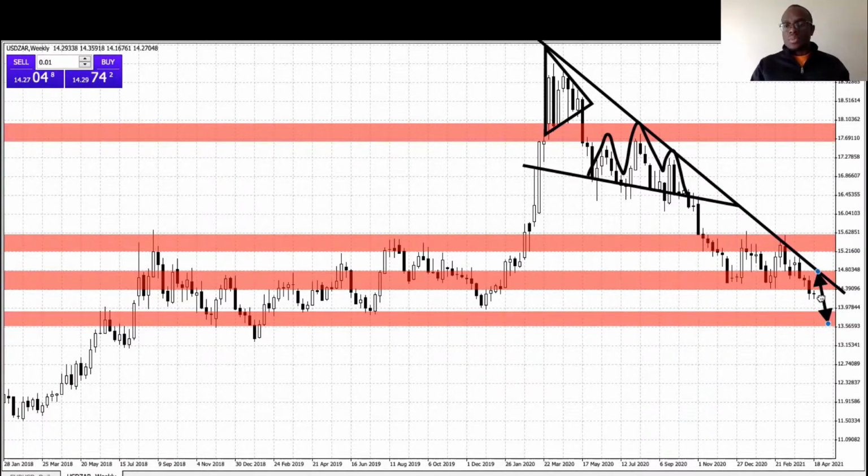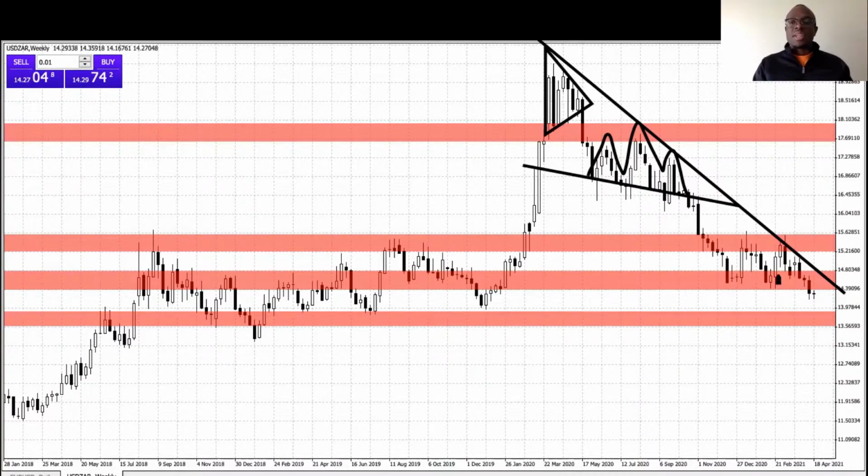Then the second scenario that we'll be expecting is that the price is going to move sideways, or it's going to reverse. What we'll be expecting is that this might be a fake out. So the price will just reverse, right? And from here, if it reverses, the price is going to come and seek to retest the 15.21600 zone.